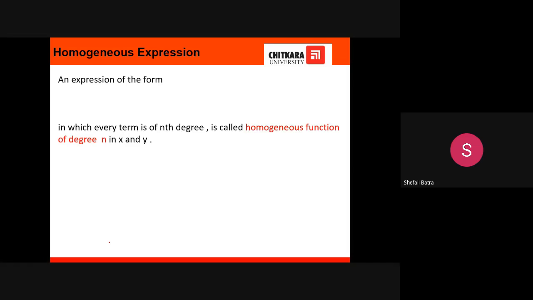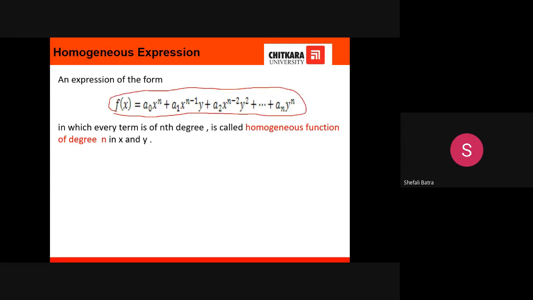An expression of the form f of x is equal to a naught x power n plus a1 x power n minus 1 into y plus a2 x power n minus 2 into y square and so on plus an y power n. An expression of this form, in which each term is having degree n. Degree of this term is n. Degree of this term is n minus 1 plus 1, ultimately n.